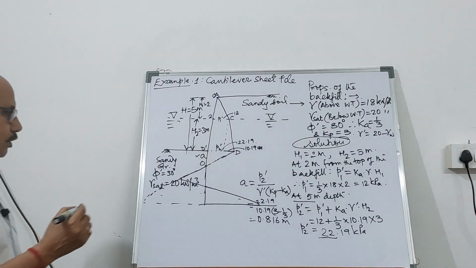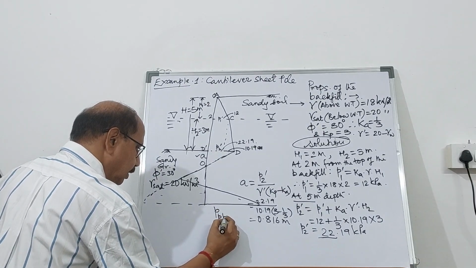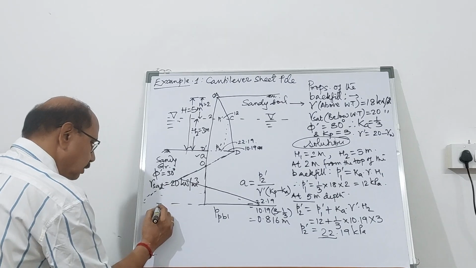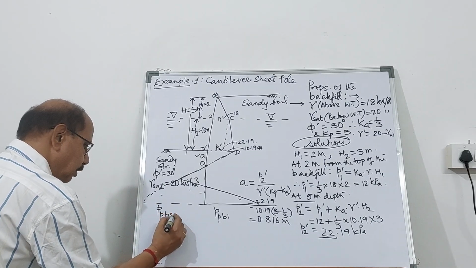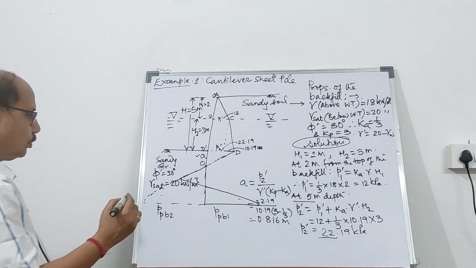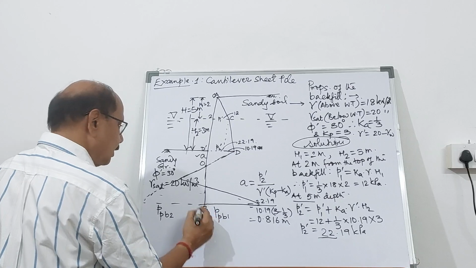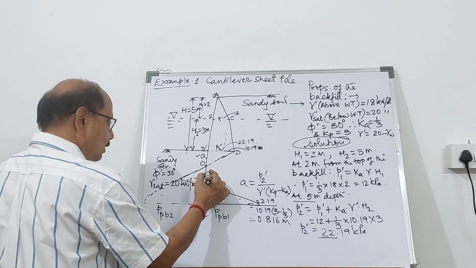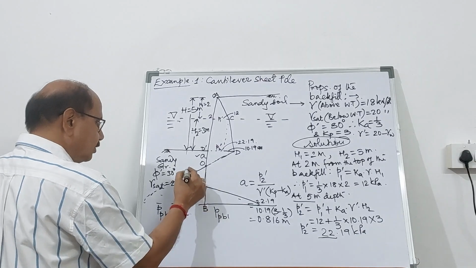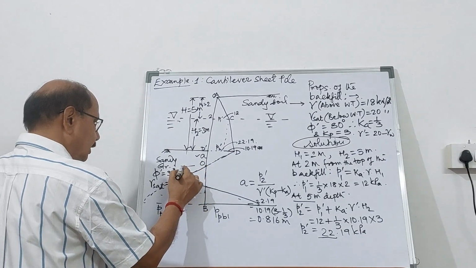Right. So this becomes PPB1, and this becomes the pressure PPB2. And this distance O to B becomes Y. So for this triangle, we get this distance up to here.